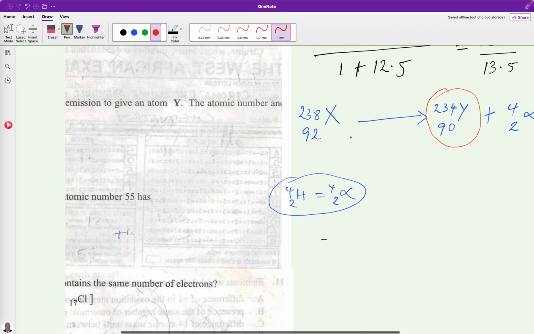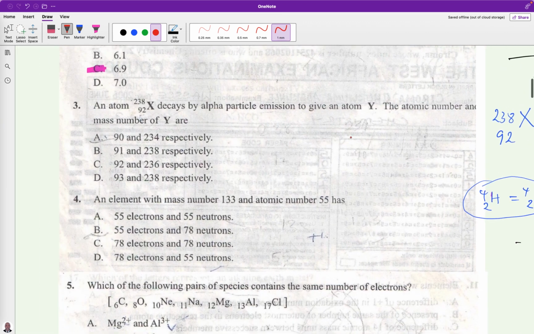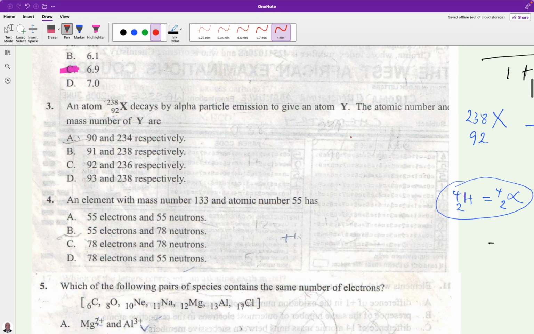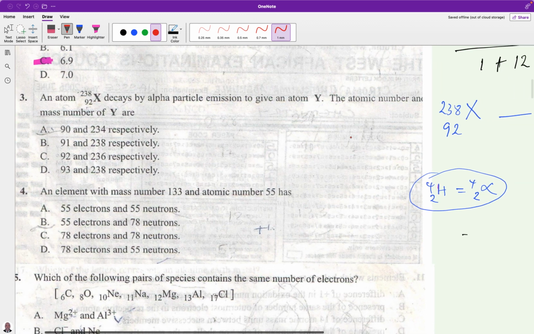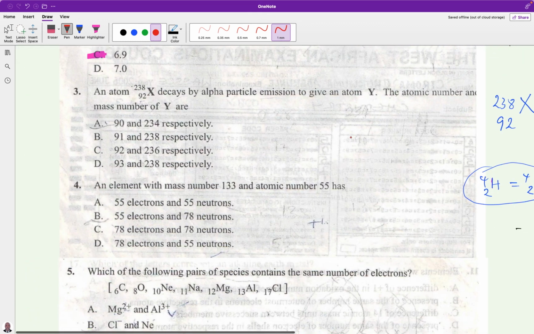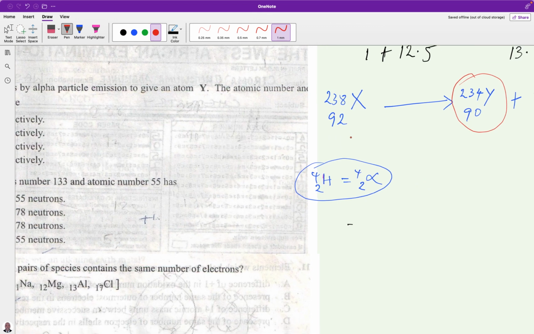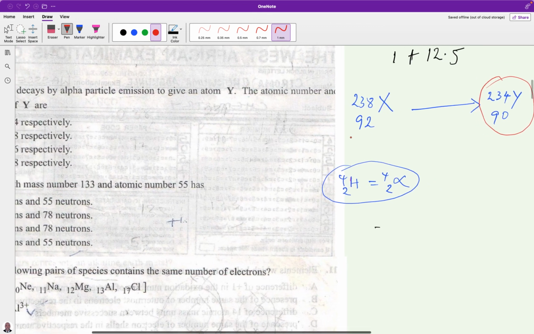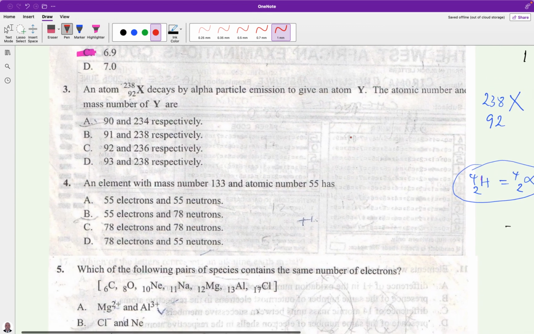Let's see if we can have our answer there. They say the atomic number and the mass number of Y are: the mass number is 234, yes, that is A, and the atomic number is 90.